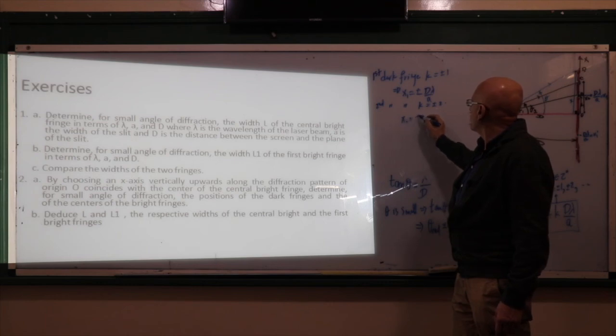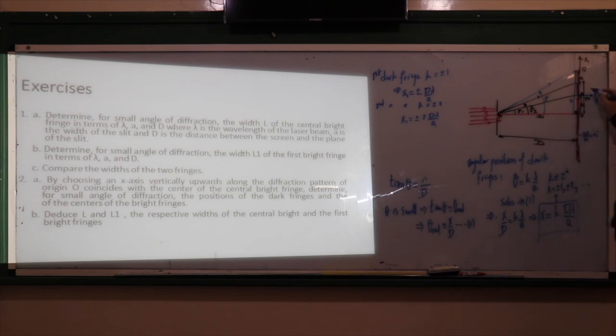You get x2 equals plus minus 2D lambda over a, which means the second one here is away from O by 2D lambda over a, and there is a symmetric one at minus 2D lambda over a. This is called x2 prime, and this is x2. Notice x prime are equal and opposite to x, and so on.